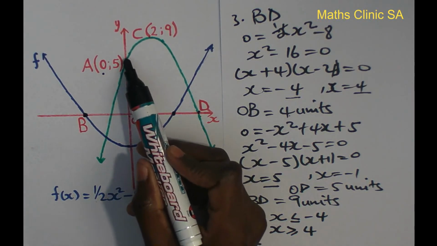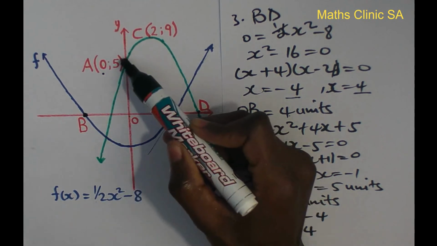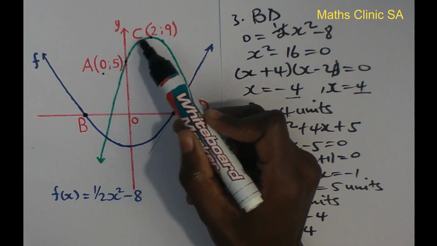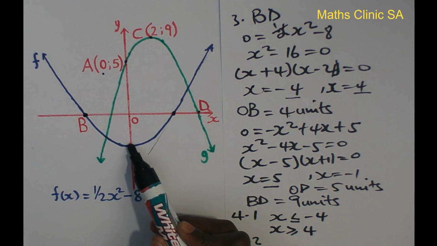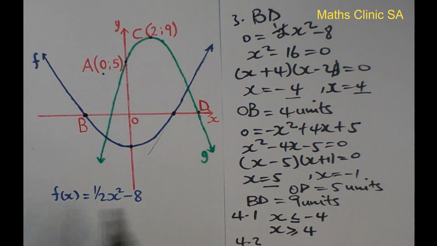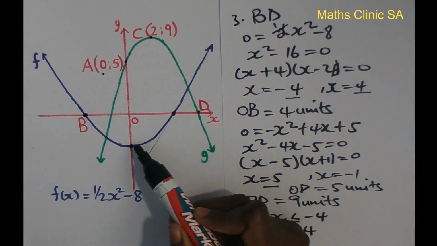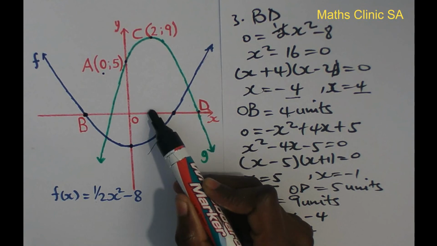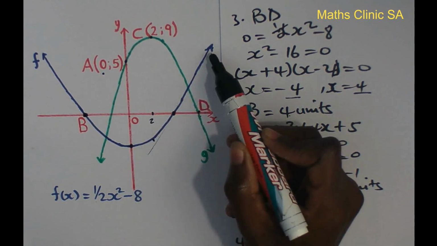So from this point on the line of the y axis, looking this way up to the turning point, the green graph increases, right? And from the same line, this graph also increases up to the turning point, where the x value is 2. It is still increasing, although this one continues to increase.